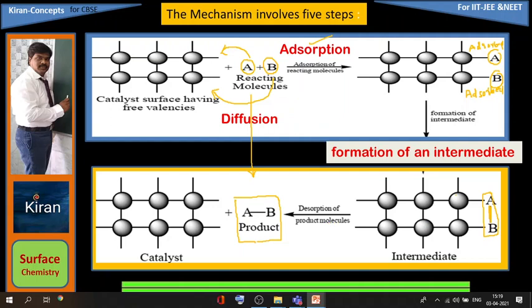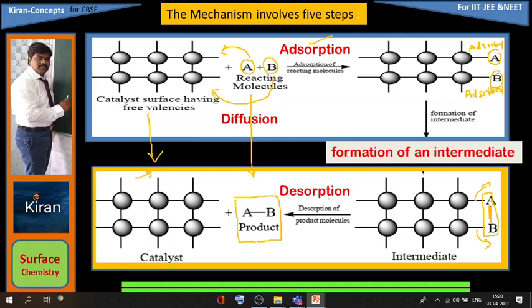So now what happened? Desorption will happen. That is the fourth step, desorption. Then the bond will come out. A and B both will come out. And our catalyst, without any change of composition, remains as it is. Initially in what way it is, and finally also the same situation.